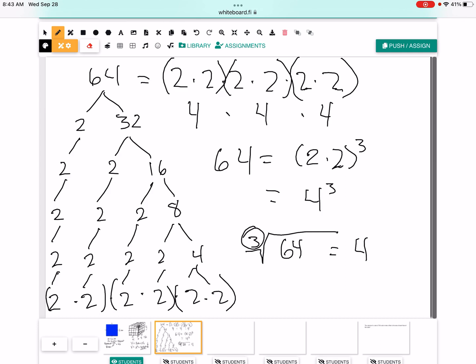So if you see the radical sign here with a 3, that means that it wants the cube root. So the cube root of 64 is 4, and that's how we write it. The square root of 64 is 8, right? Because 8 times 8 is 64. So this happens to be a unique number that is not just a perfect square, but also a perfect cube.